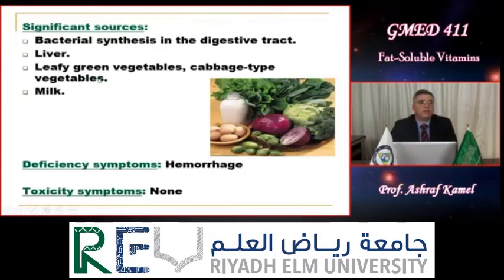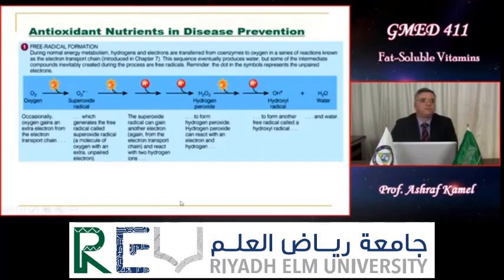Significant sources: it is synthesized by the bacterial flora. Other sources include the liver, leafy green vegetables, cabbage type vegetables, and milk. Deficiency gives rise to hemorrhage, and there are no toxicity symptoms.